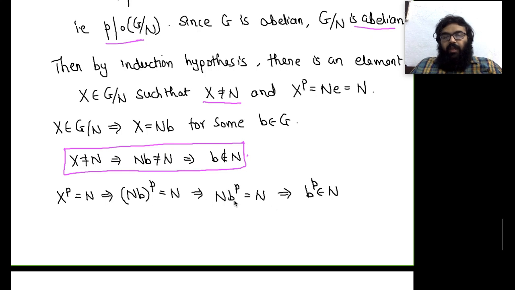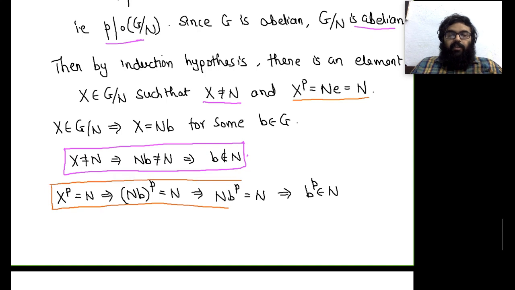If the coset is the identity n, then this element must belong to n. So x power p equals identity means nb power p is identity, and if this is identity, then b power p must belong to n.